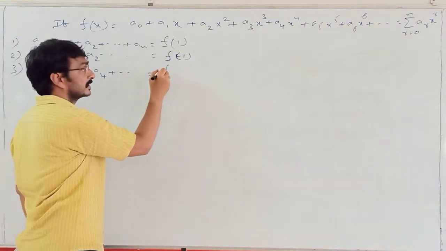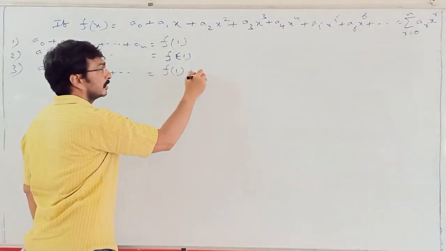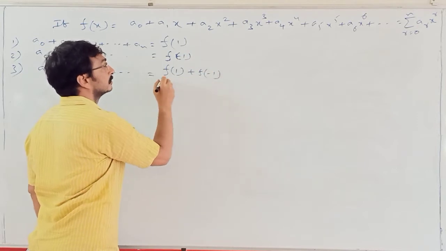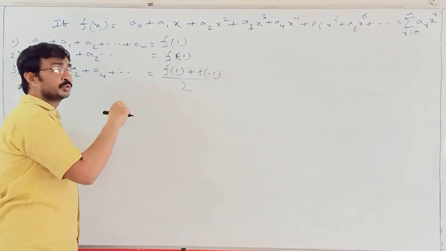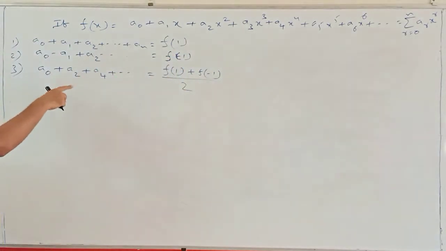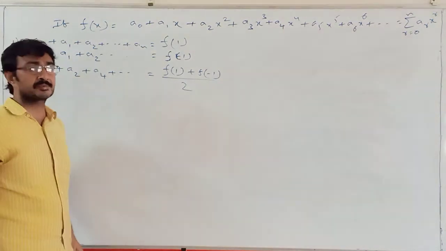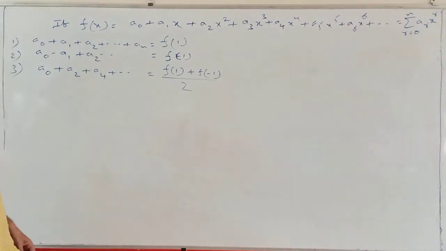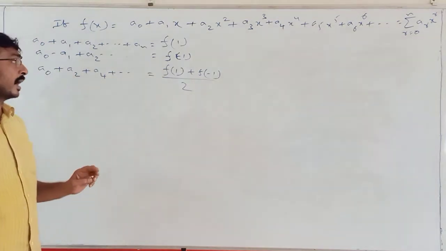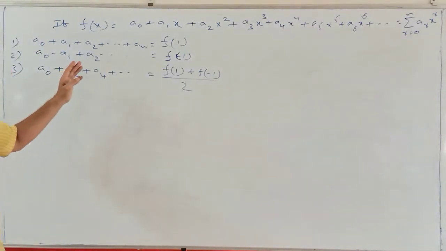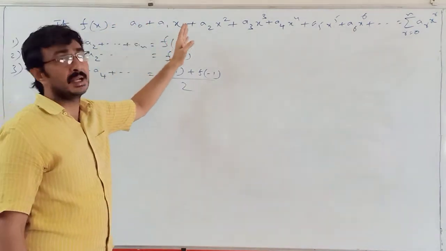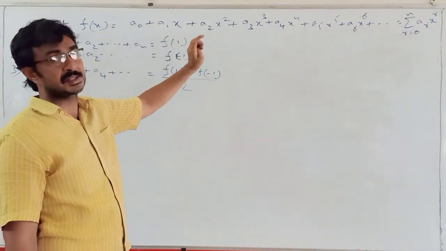So the formula for this is the sum of the above 2, divided by 2. The sum of the above 2 is 2 times of the required. So required is f of 1 plus f of minus 1, by 2. So they can ask what is a0 plus a2 plus a4 and so on, or what is the sum of the coefficients of the terms with even powers of x.